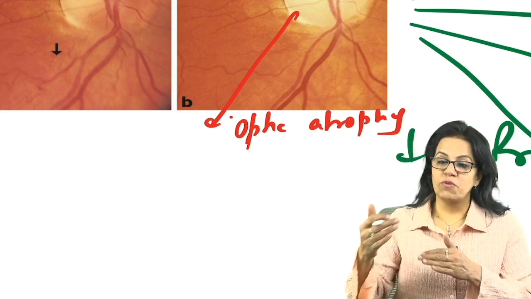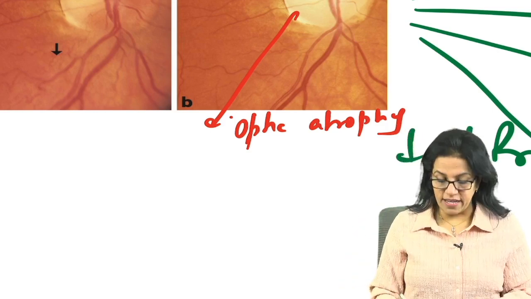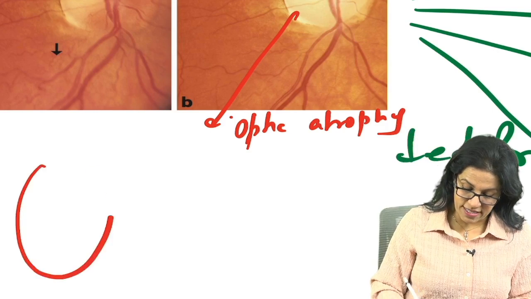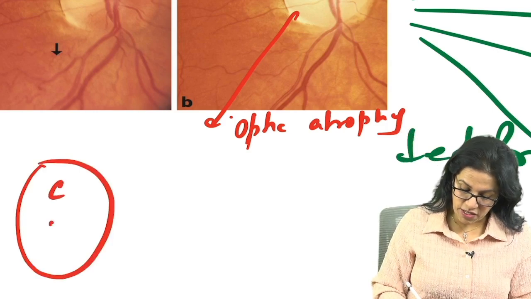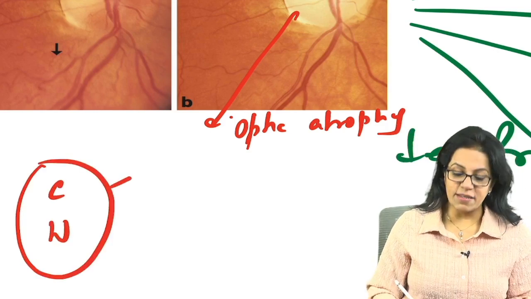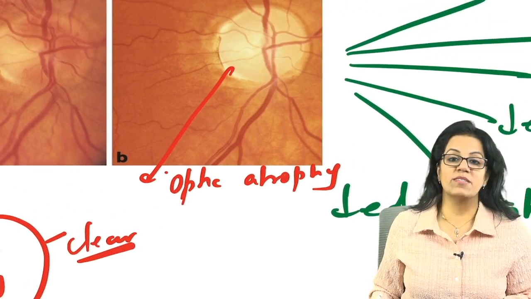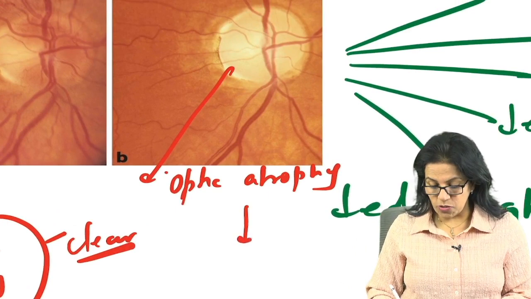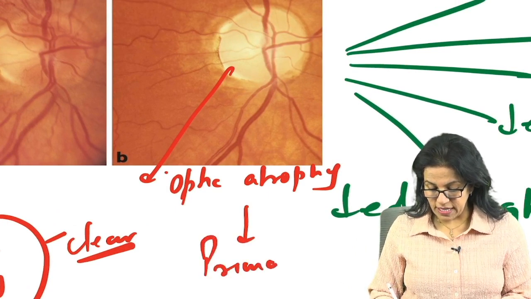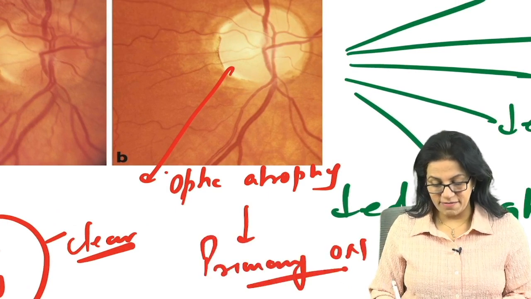I cannot go too much in detail, but very quickly, if you have learnt it in my style, a primary optic atrophy is chalky white, CW, with clear disc margin. So this is what you can see here in Leber's. So Leber's later leads to which type of optic atrophy? We will say it is primary optic atrophy.